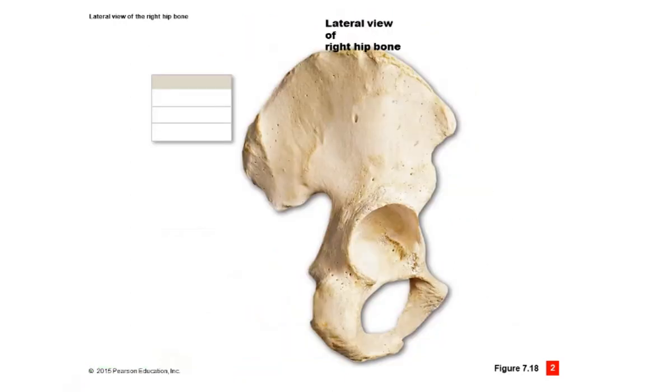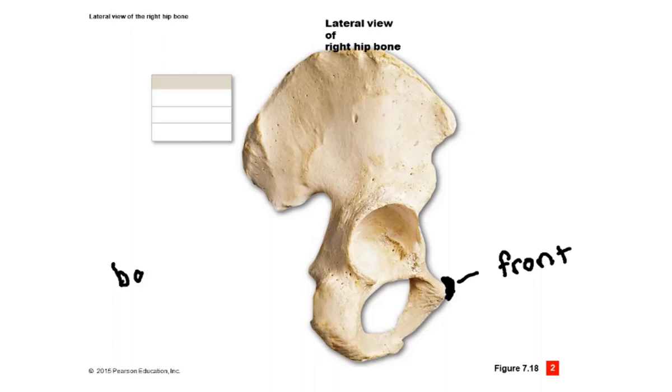Now here's another lateral view. This is facing the other way. So see, here's the pubic symphysis. Here's where the two pubis bones meet. So this would be the front.